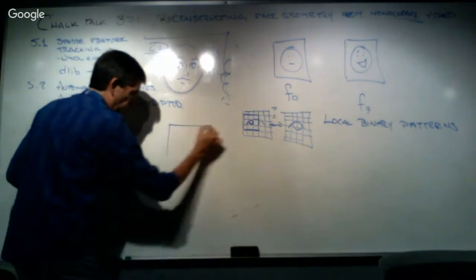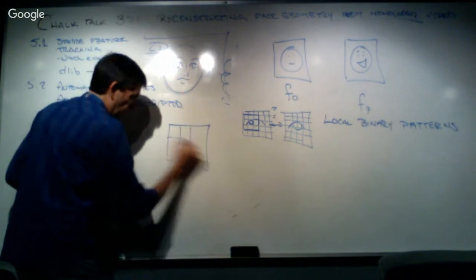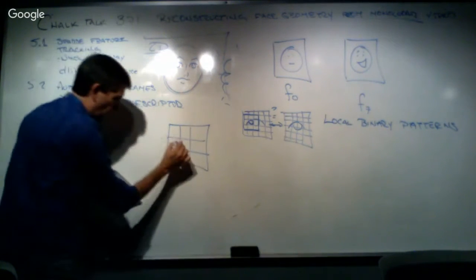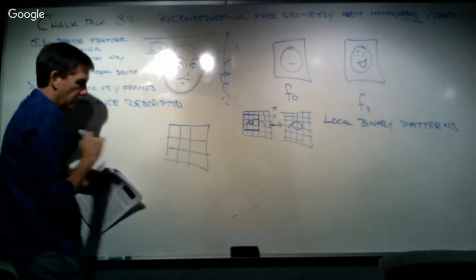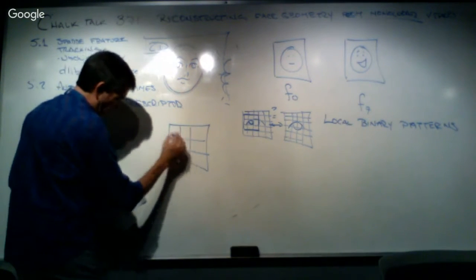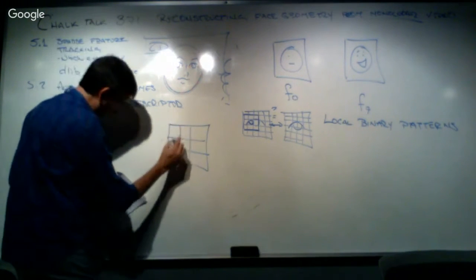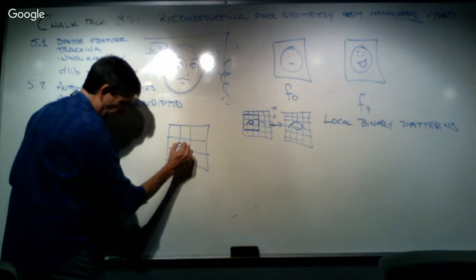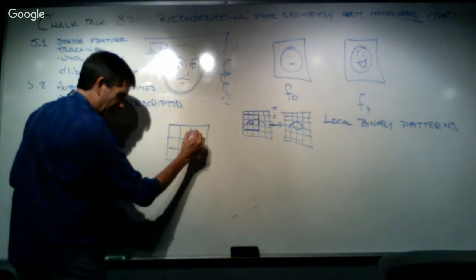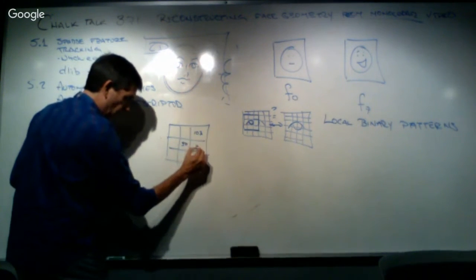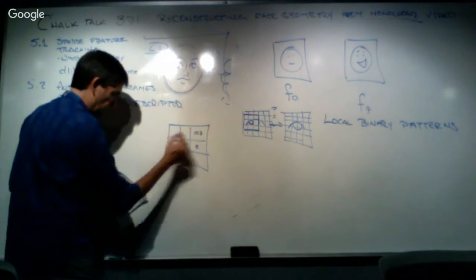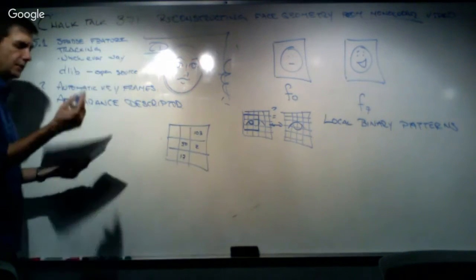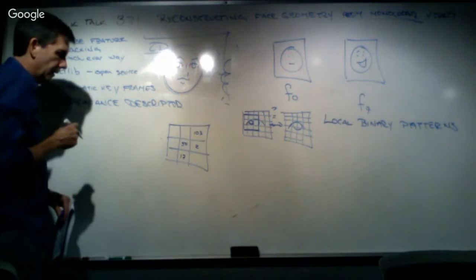So if we have a 3 by 3 image of pixels around a center point, we can go through there, and each one of these pixels has a value, let's do it in grayscale. So this might be 50, this might be 103, this might be 2, this might be 17, and so on. Each one of these pixels has a grayscale value, right?